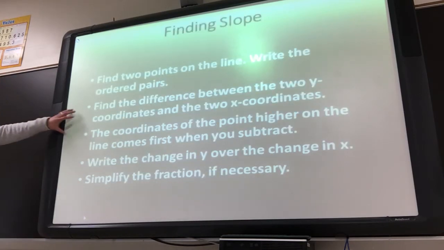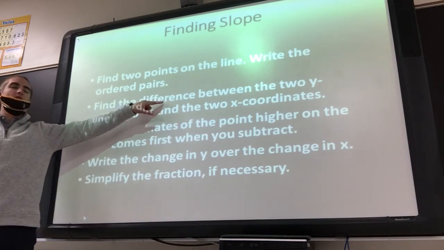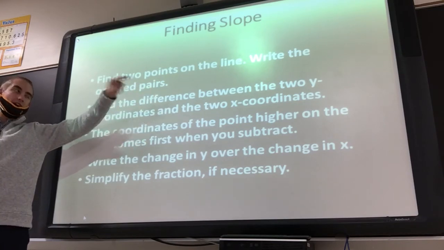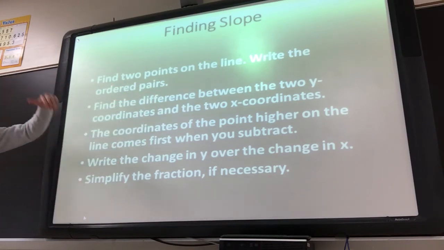So to find the slope, and this is what we're going to focus on today, if they don't give us 2 points on a line, we've got to find 2 points on the line. And what we're going to do is find the difference. Difference means what operation are we doing? Subtraction. So we're going to subtract the 2 y values and then subtract the 2 x values, and write that as a fraction, as a ratio.